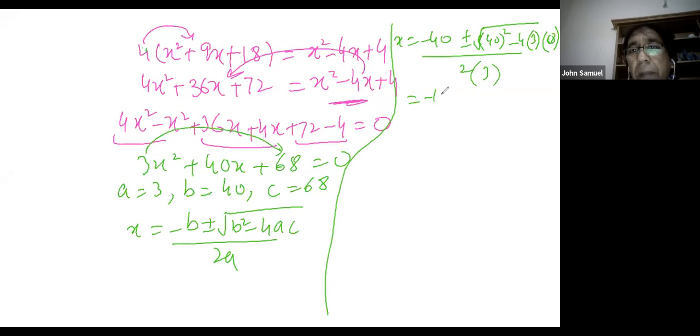So this could be minus 40 plus minus square of 40 is 1600 minus this will multiply. Take your calculator and multiply this one.